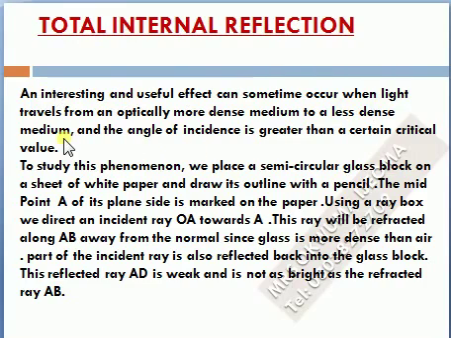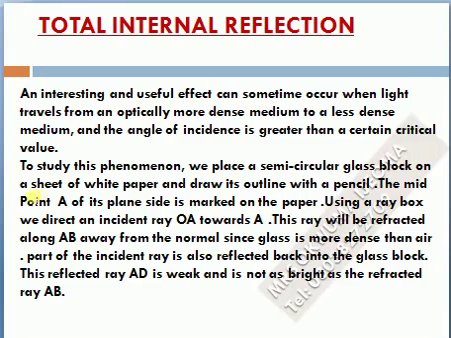But in this case, where the ray of light moves from an optically more dense medium, for example glass, to a less dense medium, which is air, on refracting, the refracted ray moves away from the normal, and your angle of refraction will be greater than the angle of incidence.